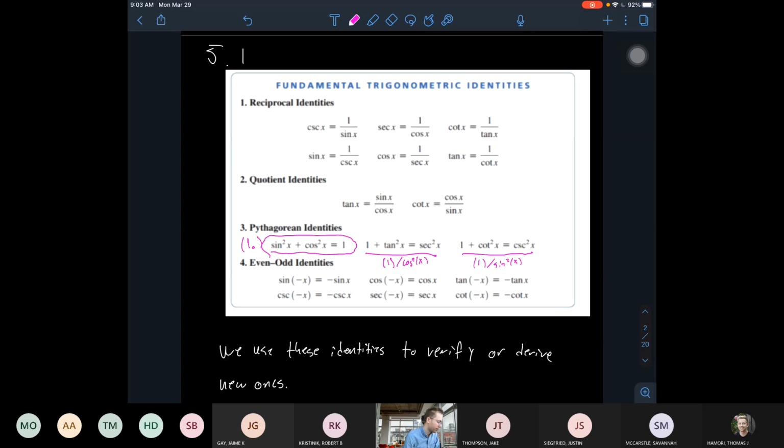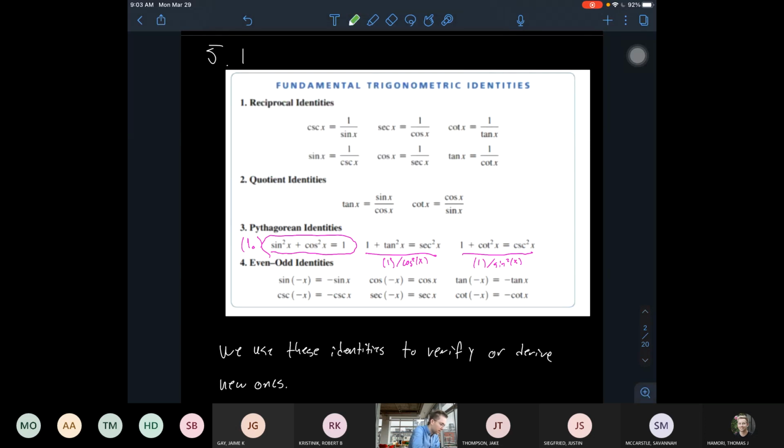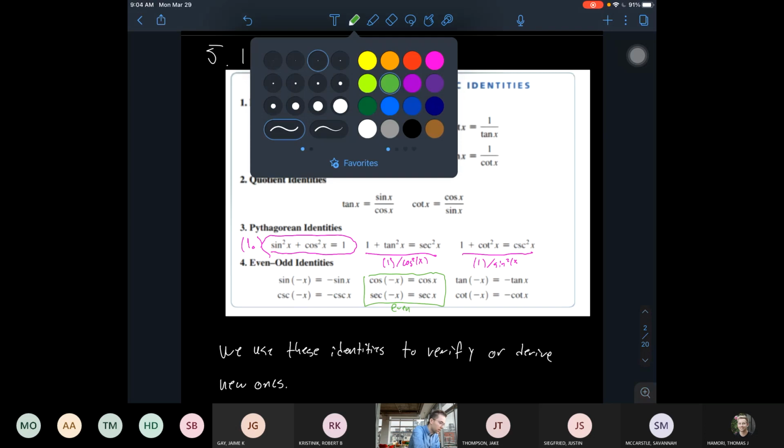And then we had a couple even and odd identities. We had secant and cosine are our even functions.